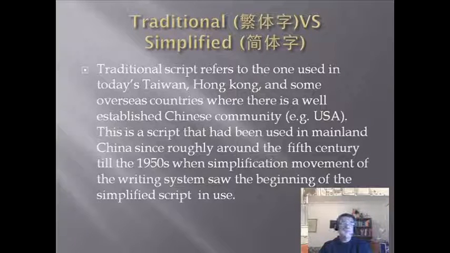The process of simplification, again, was an interesting one. It happened in several stages back in the 40s and 50s. I guess it was for a number of pragmatic reasons. Throughout most of history, most Chinese people have been illiterate, and of course that's got to do with standard of living and so on.